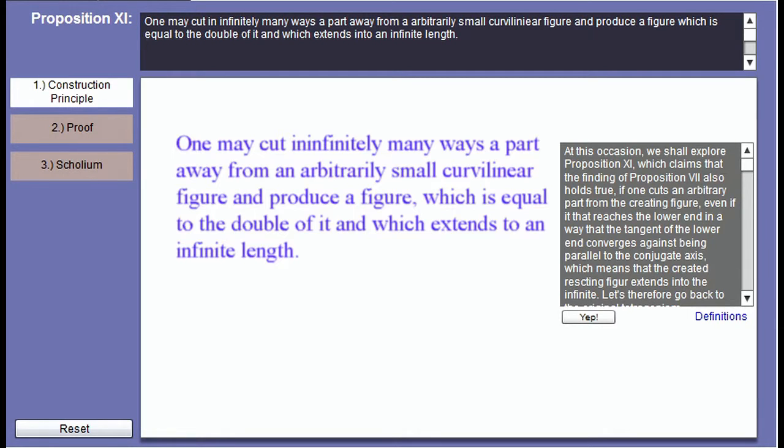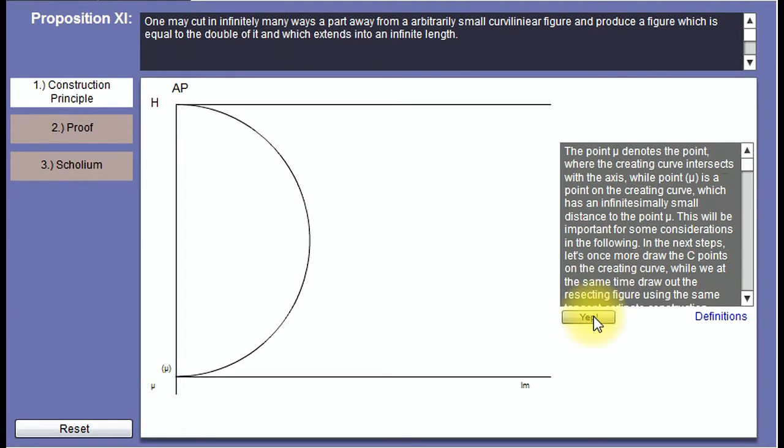In proposition 11, Leibniz is showing that you can cut away from the semicircular figure a sector or an area in infinitely many ways, so that you can produce an analogous figure, based on the principle of the resecting figure, which will always have double the area of the part you cut away from the semicircular area.